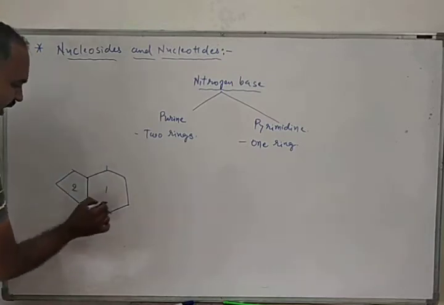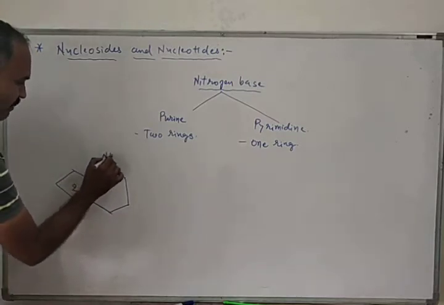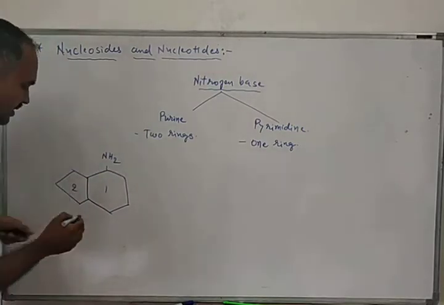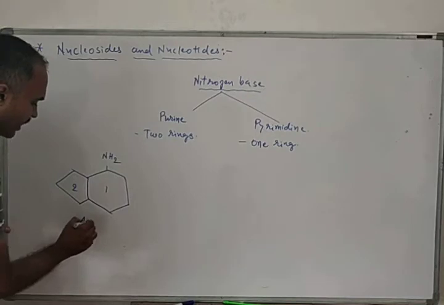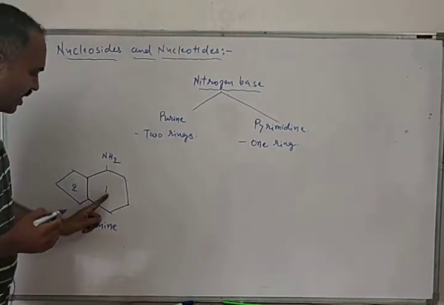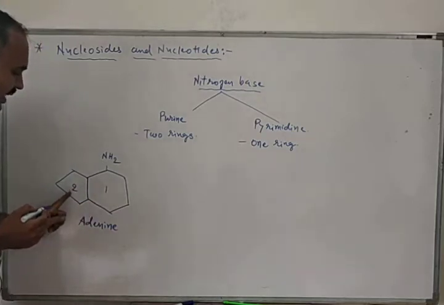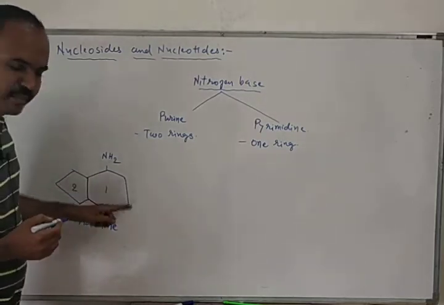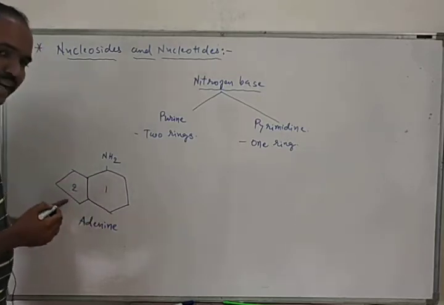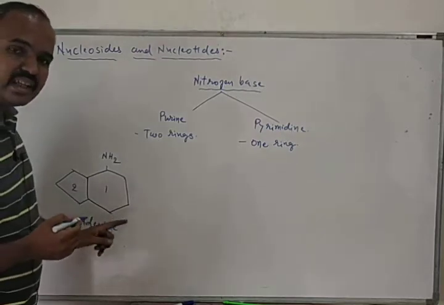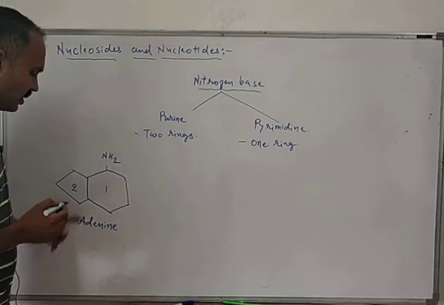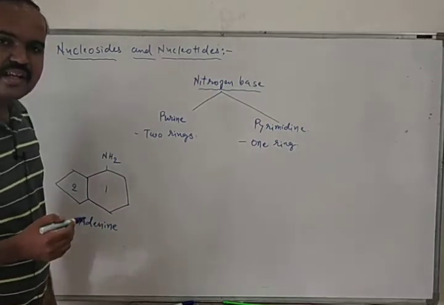On the top of this ring, if an amino group is there, then this nitrogen base is known as adenine.